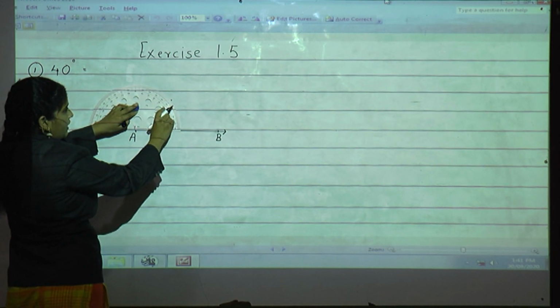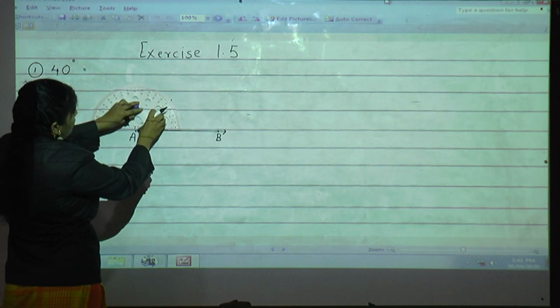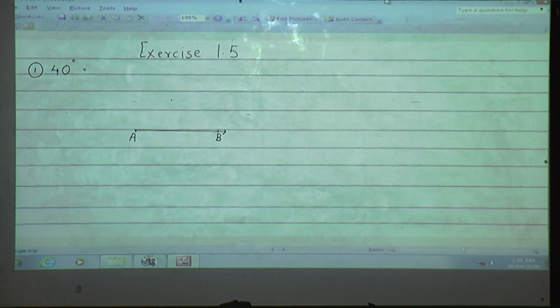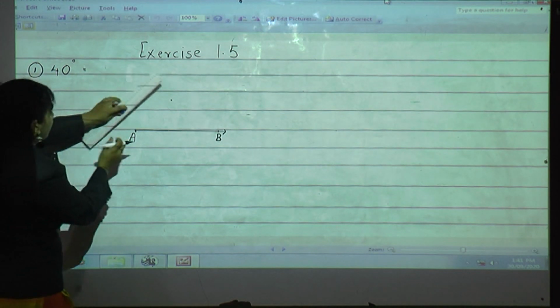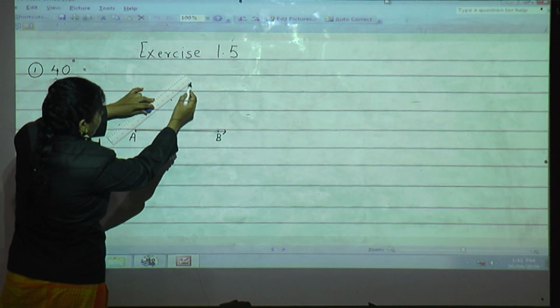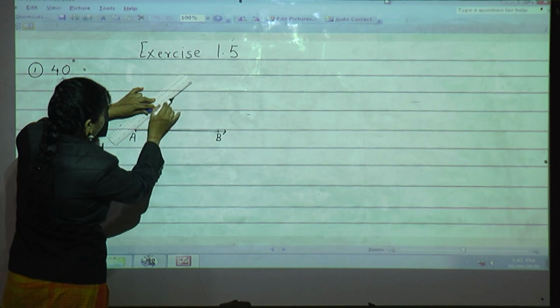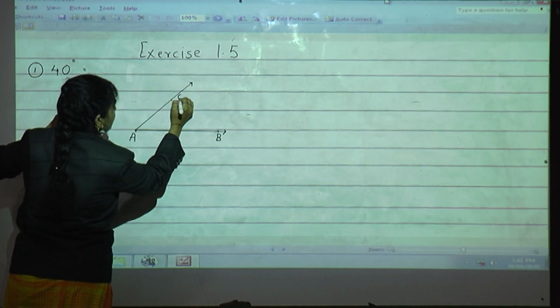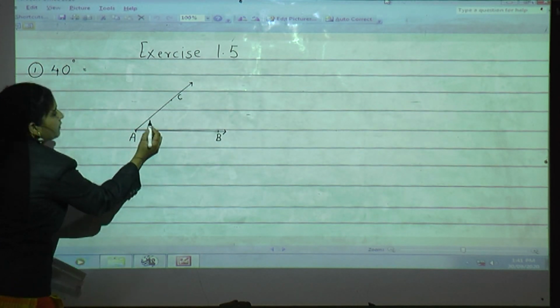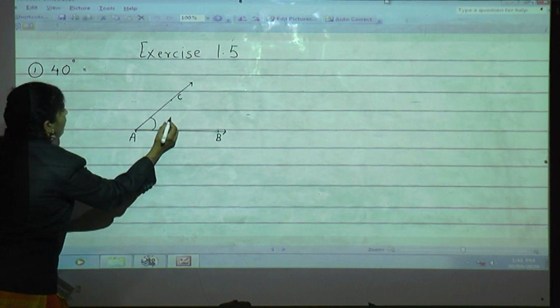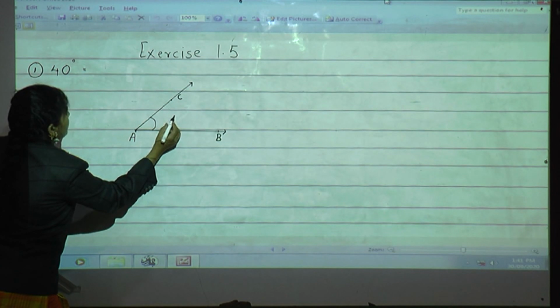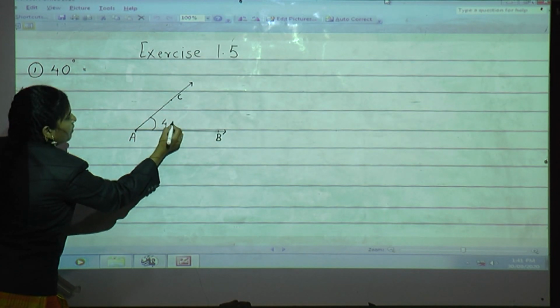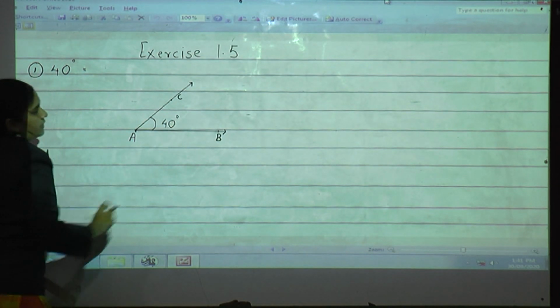Remove your protractor and draw a ray. Give it name C and write here: measure of angle CAB is 40 degree.